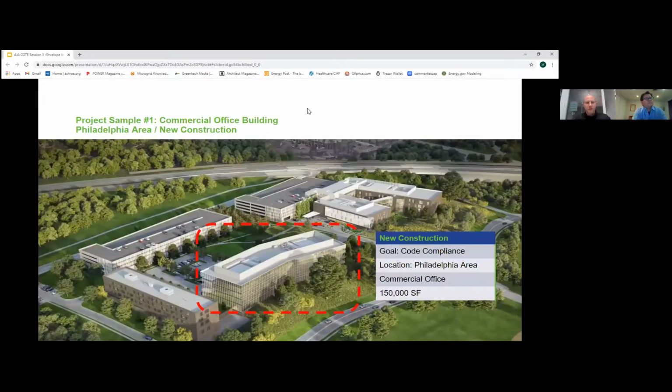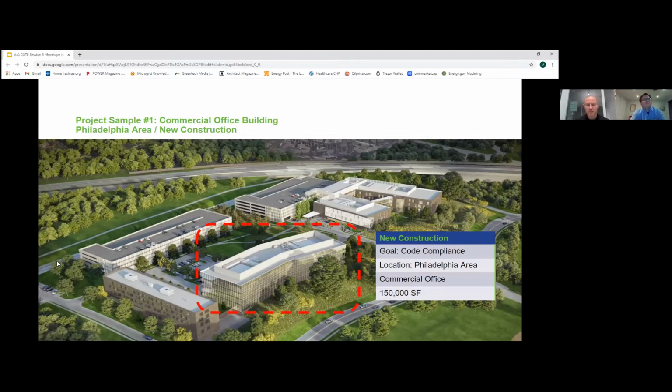All right, so the first example is the commercial office building in the Philadelphia area. It's in King of Prussia. It was on an existing site, so this is our building of focus, and the orientation is really limited to the site. So unfortunately, there's big east and west exposures. In the morning, the sun is glaring into the east offices, and in the afternoon, it's glaring into the west.